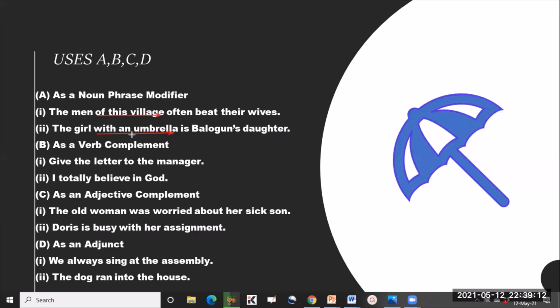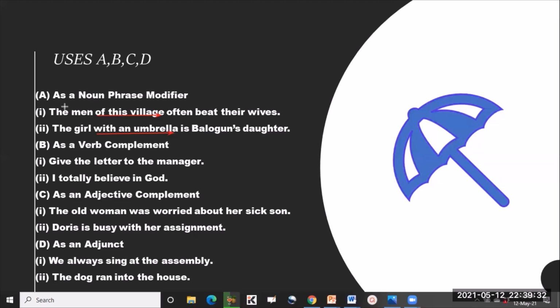So now we have seen one of the uses of a prepositional phrase is as an adjective phrase. And being used as an adjective phrase, it is performing the function of a noun phrase modifier.